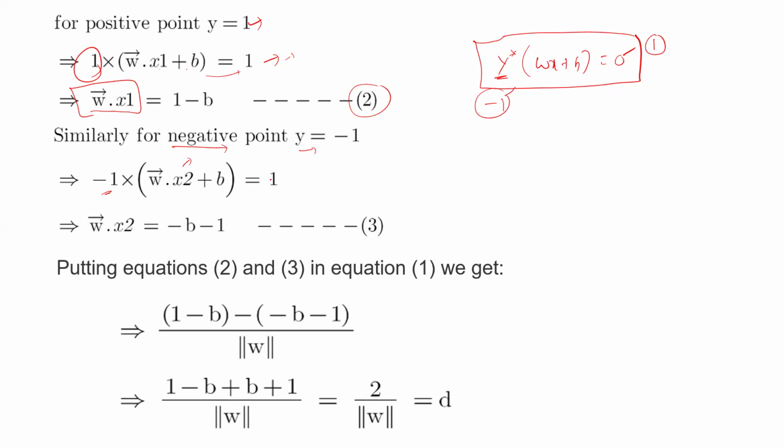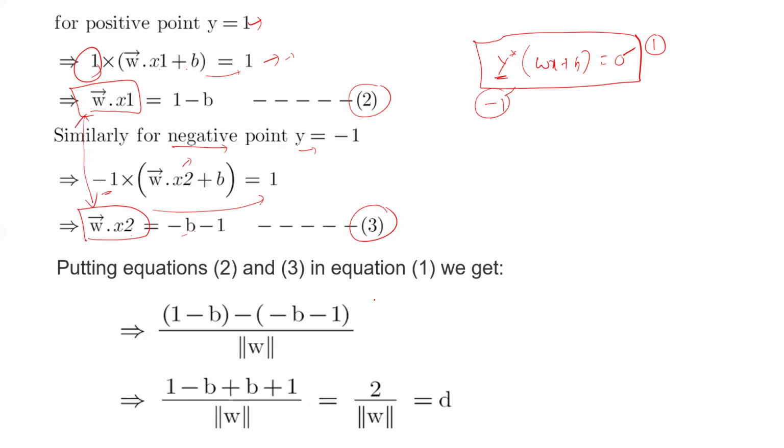So wx2 equals minus 1 minus b, because I'm sending this minus b to that side, and this minus 1 also to that side. This is the w direction of that x2, because now we have achieved these two things.